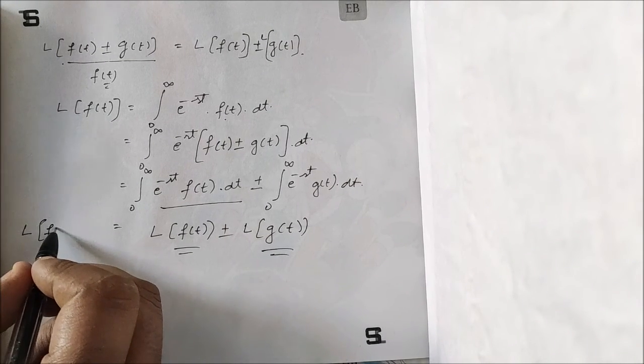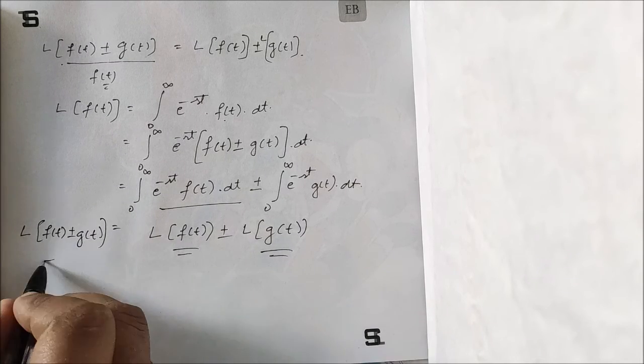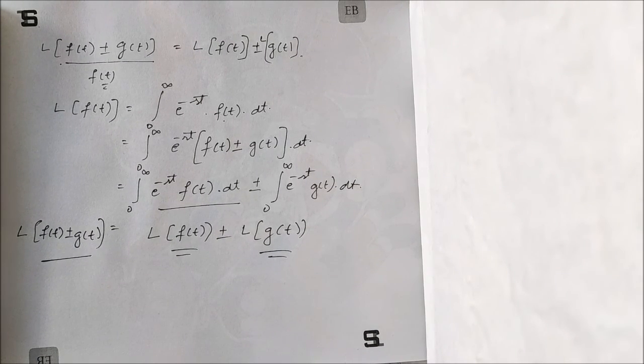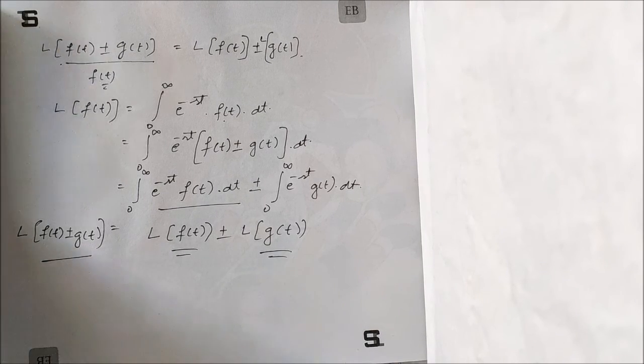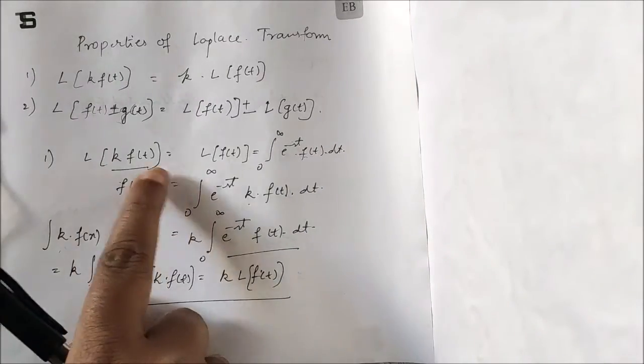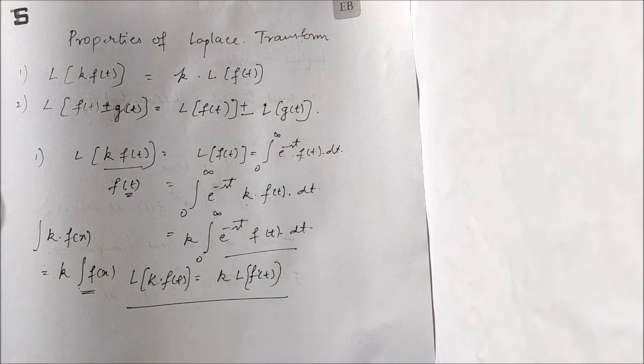So Laplace of f of t plus or minus g of t is equal to the individual Laplace transforms. So the second property is also proved. So these two properties are the basic properties which we use in upcoming problems. One is like this and another is like this. Thank you.